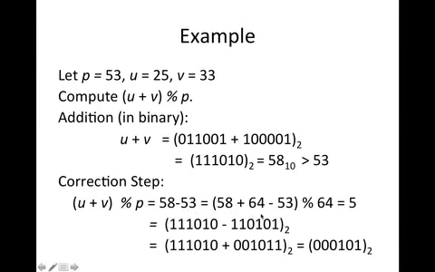And of course that is the same as adding the 2's complement of 53 in mod 64. This is binary addition still, keep in mind. And so this whole thing reduces to this addition over here. And we perform the addition, we actually get 5, which is what we would have gotten if we had subtracted 53 from 58. So all of these computations are going to take place in binary.